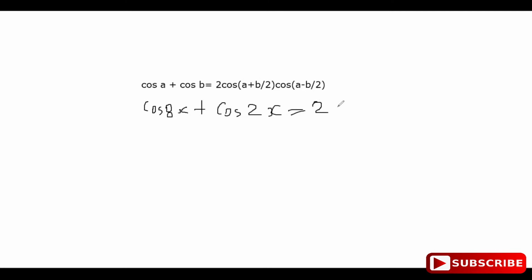That's 2 times the cosine of 5x, times the cosine of 3x. Then they divide out the 2, so just divide by 2 to get a half. That's that question.